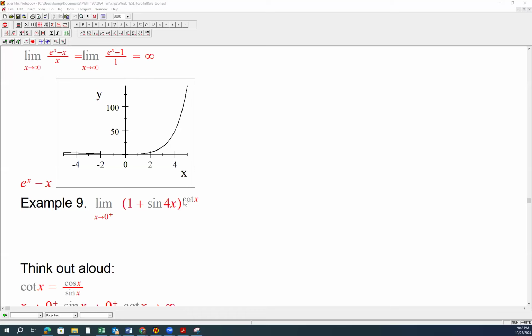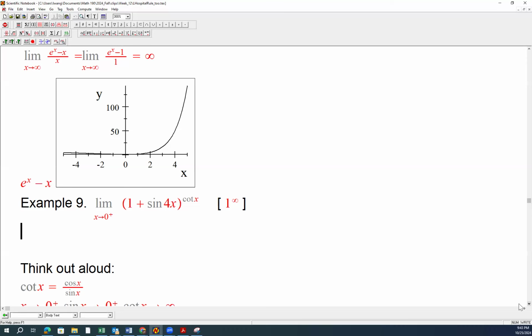So we know that cotangent approaches positive infinity, and what's inside the parentheses approaches 1. So this is the indeterminate form of 1 to the power of infinity. What do we do with this kind of form?